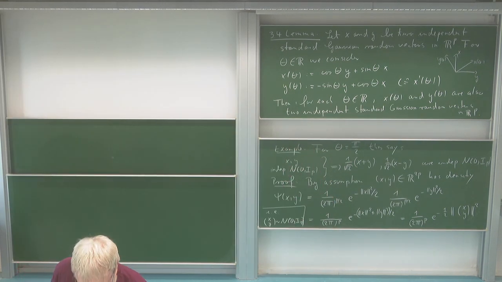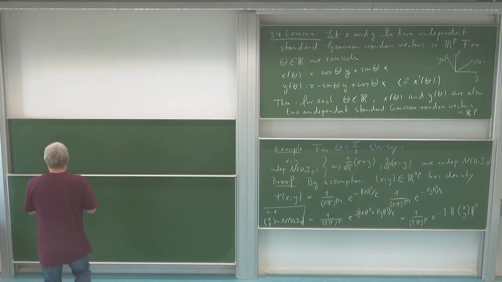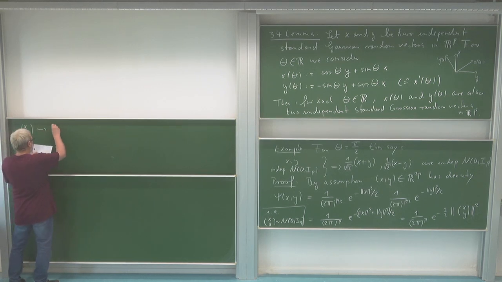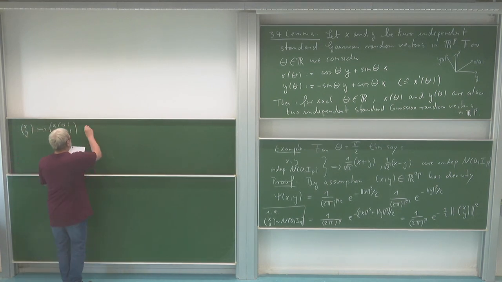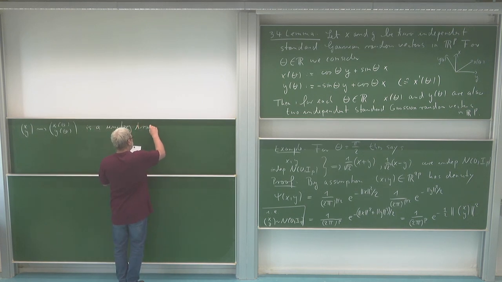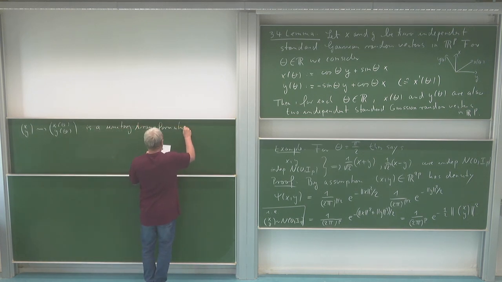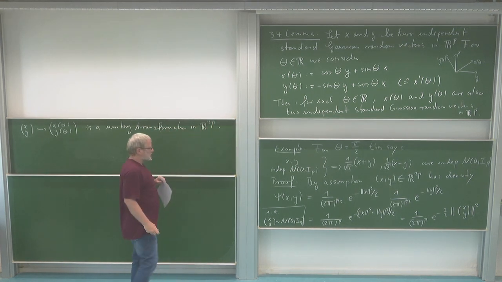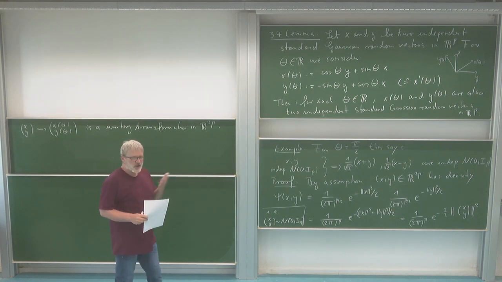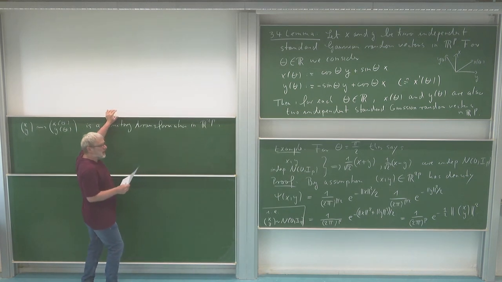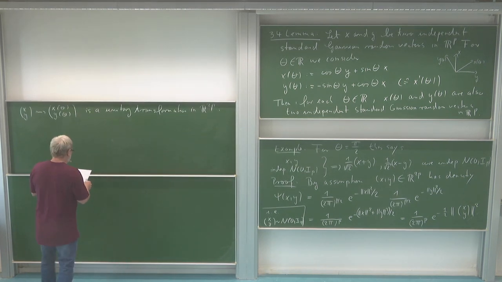So this is actually a unitary transformation in R to the 2p. To be more precise, actually, it's a transformation which acts separately on each of the components of my vectors. So essentially it's a transformation in R2, but applied to all the components of my vectors.